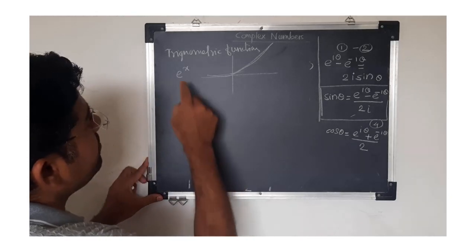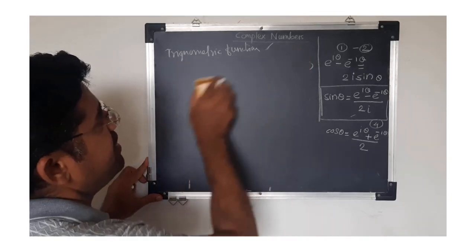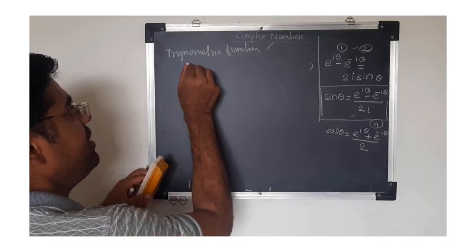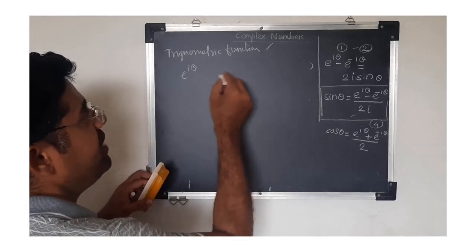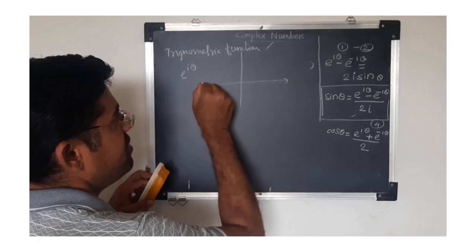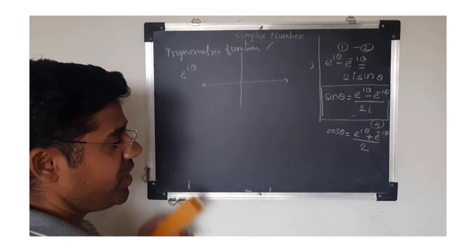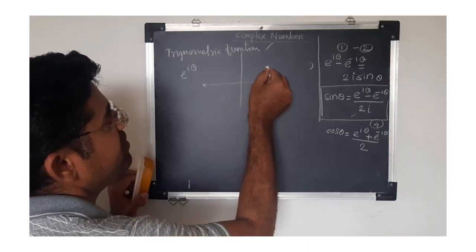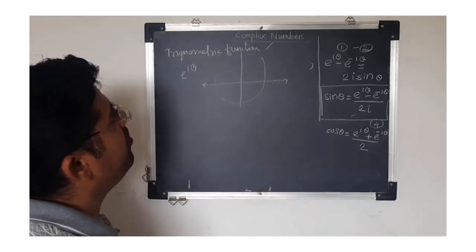Now when we are replacing x with i theta, in that case x is rotating, meaning the complex exponential function rotates in the complex plane.